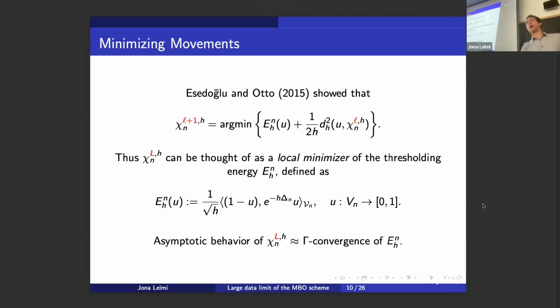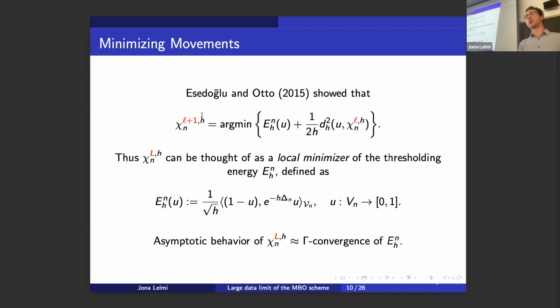A fundamental observation about the MBO scheme is due to Esedoglu and Otto, and says the following. When you are on the nth graph and in iteration L, you want to obtain the new clustering. You can perform the two things we were doing before: diffusion and thresholding, which is the definition of the MBO scheme.